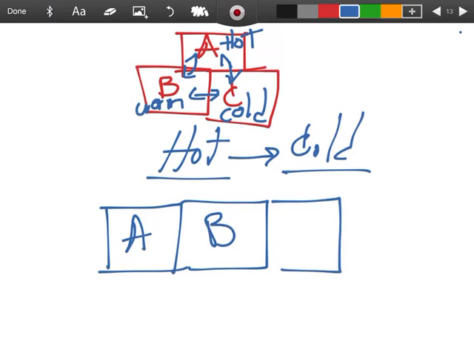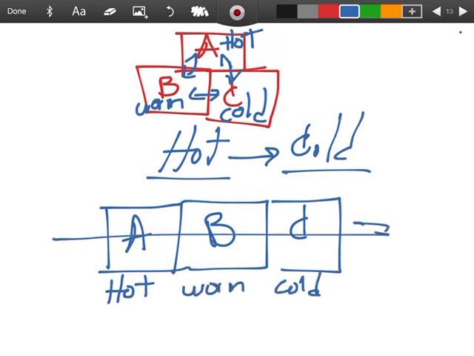One is A, one is B, and one is C. And why am I putting this? Well, because this one is the hot, this one is the warm, and this one is the cold. And the heat will always move, in this case, from left to right. Why? Because it's from hot to cold. And this is thanks to the direction of the flux of heat.